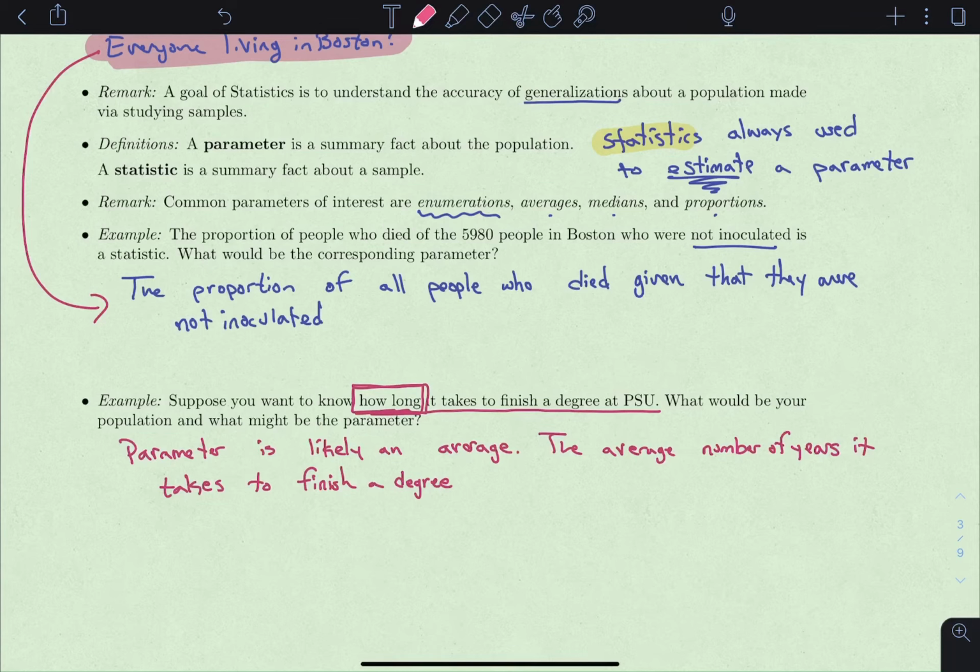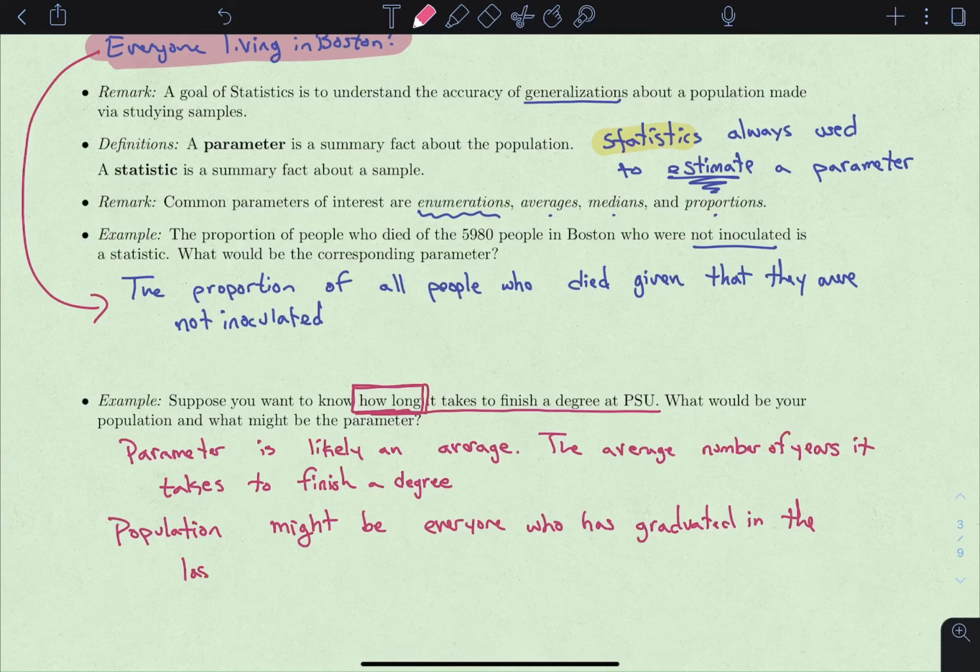And then finally, the population that you're going to study might be everyone who has graduated in the last 5 years. And making your population as specific as possible is kind of the takeaway here.